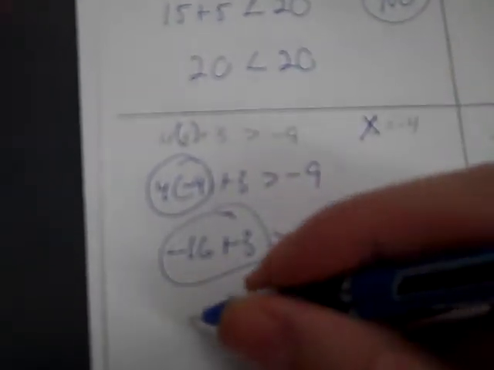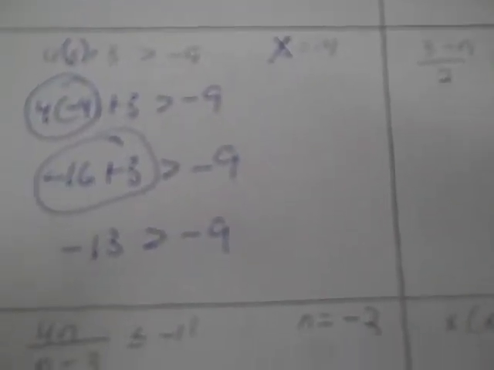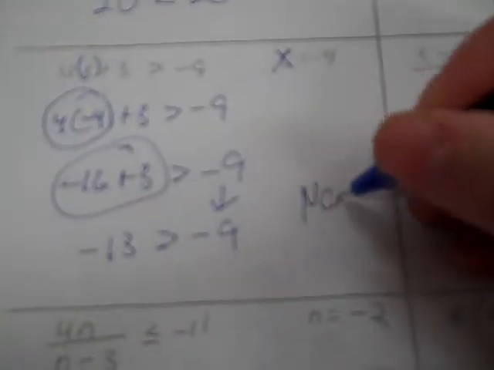Okay, then I add those. -16 plus 3 is -13. Okay, so what's bigger? -13 or -9? I think -9 is. Does the sign open up towards -9 like it's supposed to? No. It doesn't, so no.